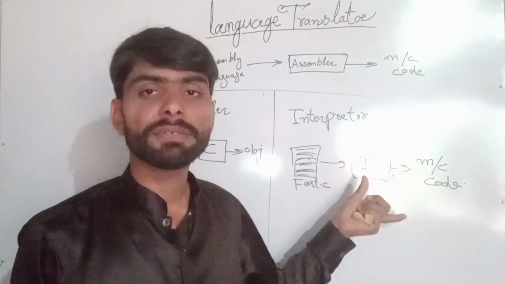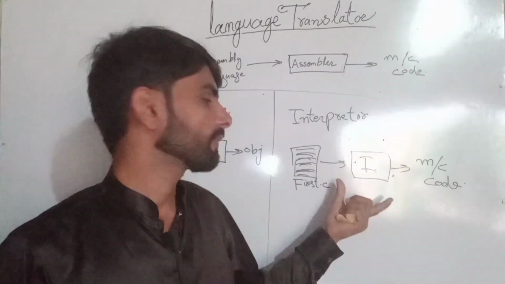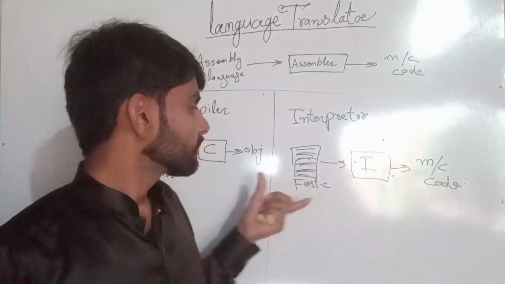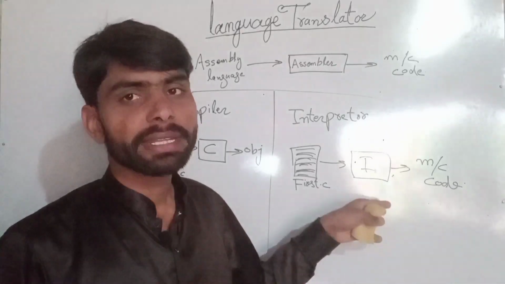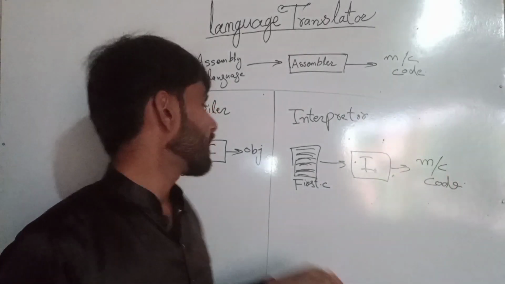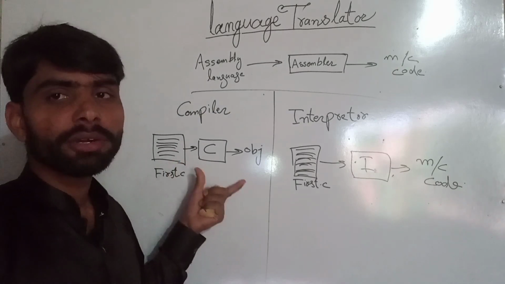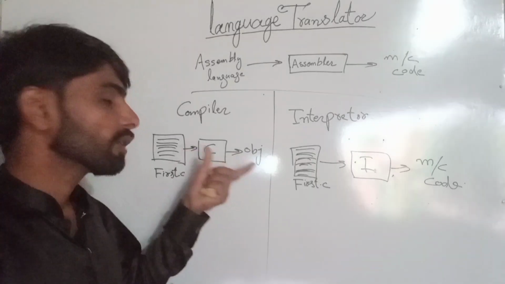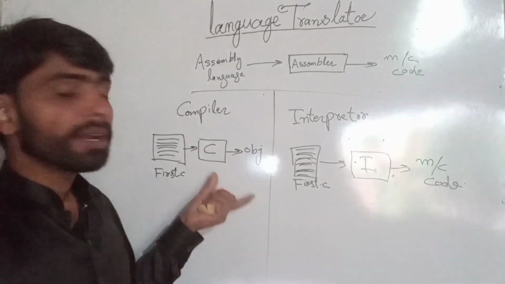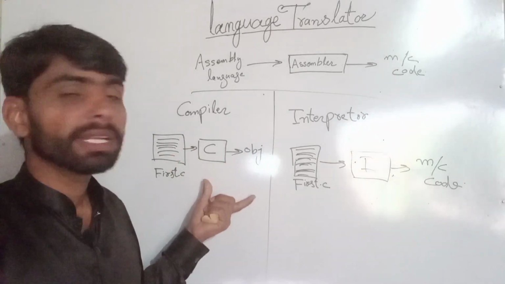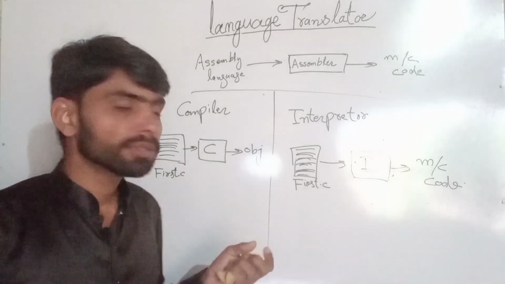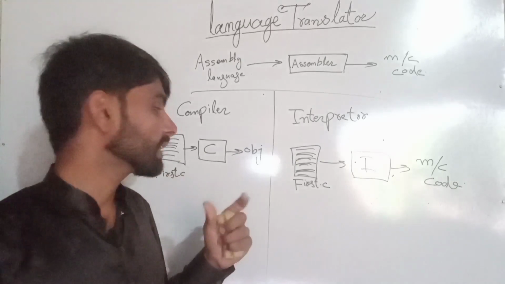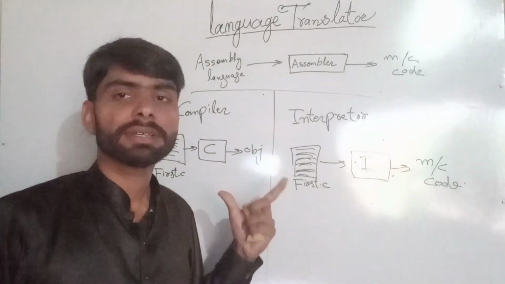It doesn't need a separate object file, so here you will get the output directly. But in the compiler case, first linking and loading are done and an object file is created, then you will get the output. So this is the difference.